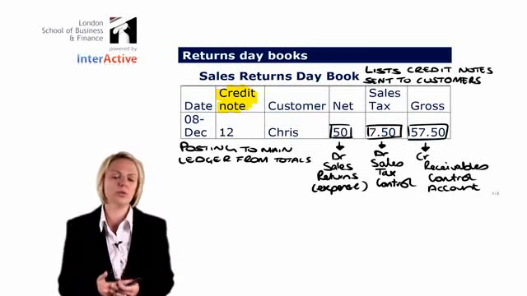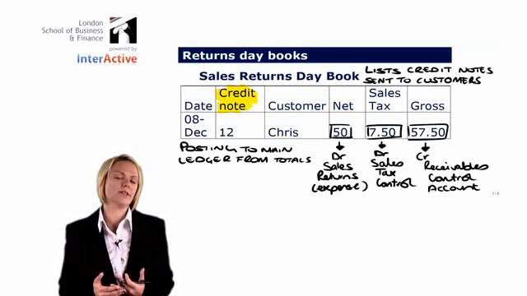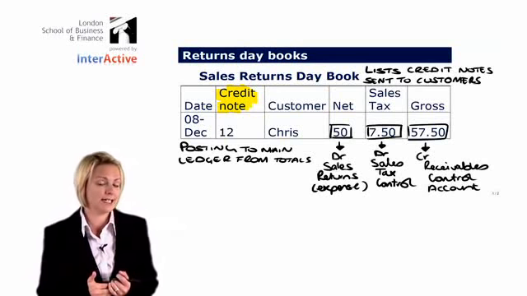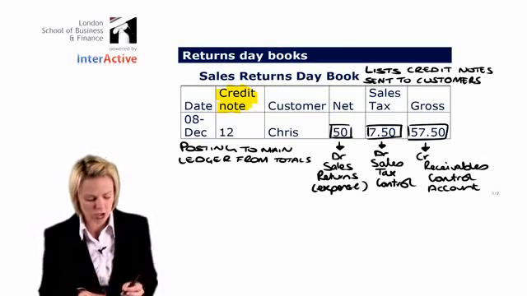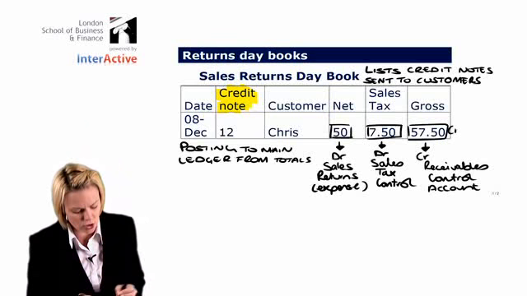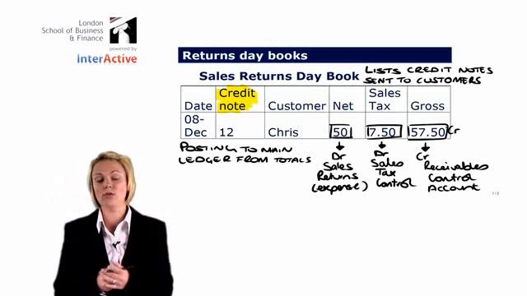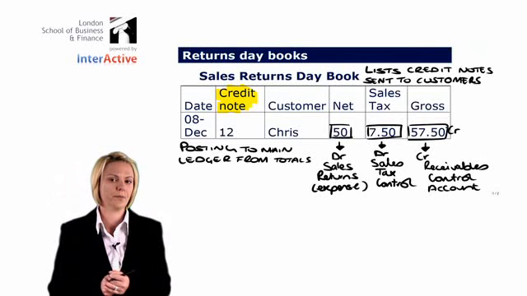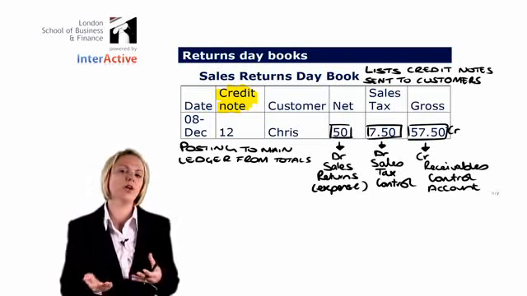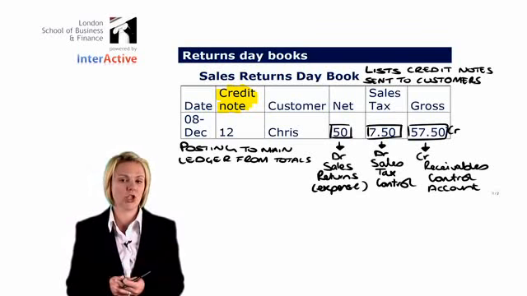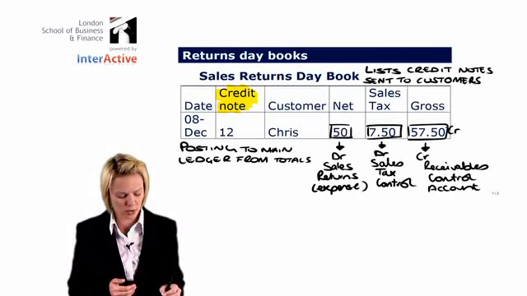Now remember the rule. Anything that gets posted to receivables control must also go to the subsidiary receivables ledger. And as such, we're going to credit customer Chris's account in the subsidiary sales or receivables ledger. So we're going to need to pull up that illustrative example that we did in the second video of this chapter where we looked at the sales day book.